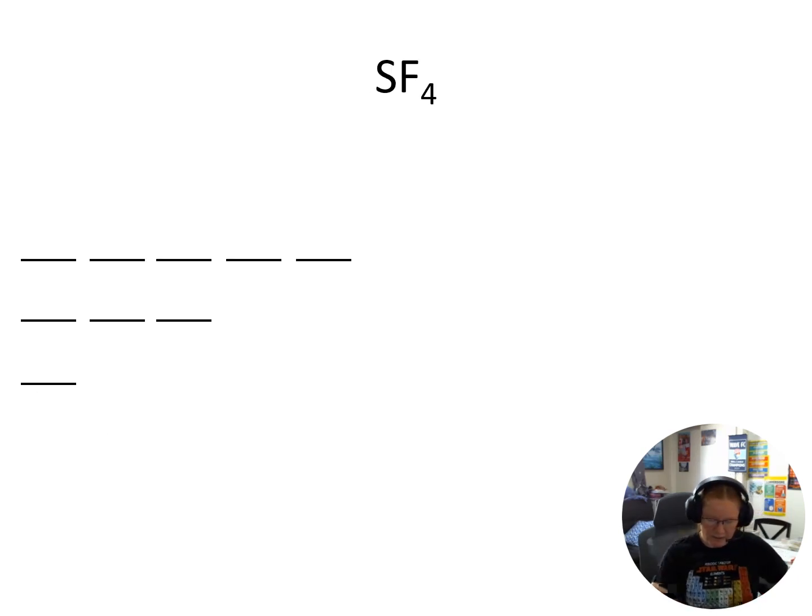So here's our next one. I want you to try this on your own before you look at my solution. So pause and try this one. See if you can do it. Okay, let's see how you did. We'll draw our Lewis structure.